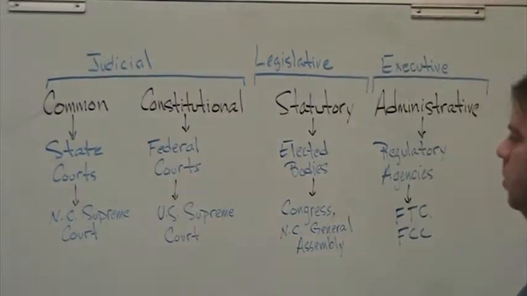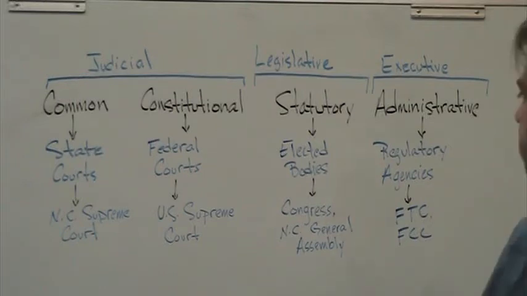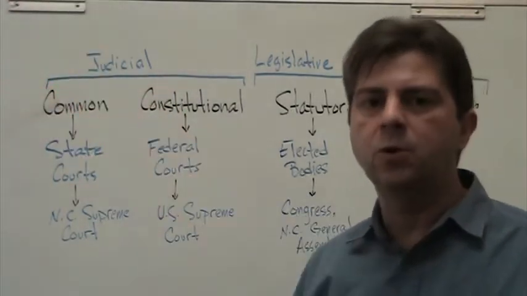Constitutional law, which is what we'll be talking about a lot in this class, because the First Amendment is constitutional law. That's law that accrues through interpretation of the Constitution, and that plays out in federal courts. So all First Amendment cases go through the federal courts.